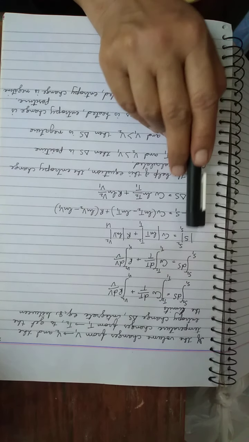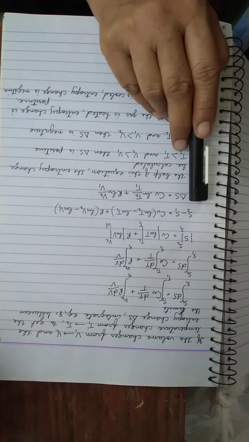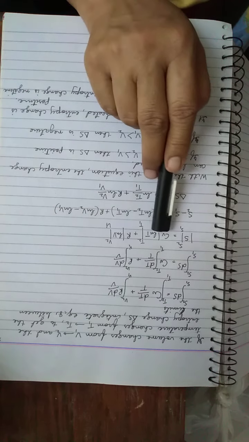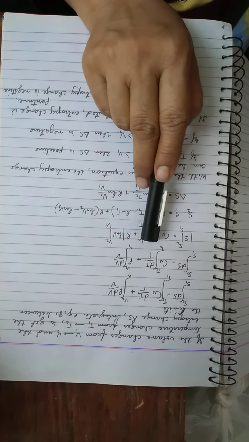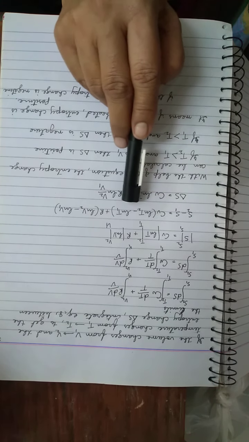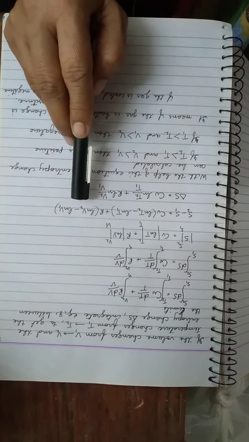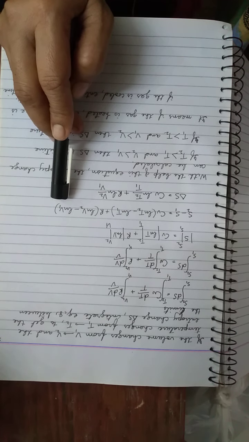Put the values of S2 and S1 here. So S2 minus S1 is equal to Cv times log natural T2 minus log natural T1, plus R times log natural V2 minus log natural V1.